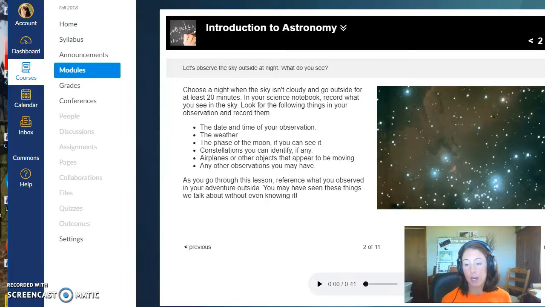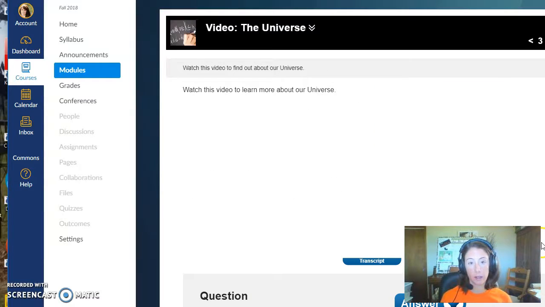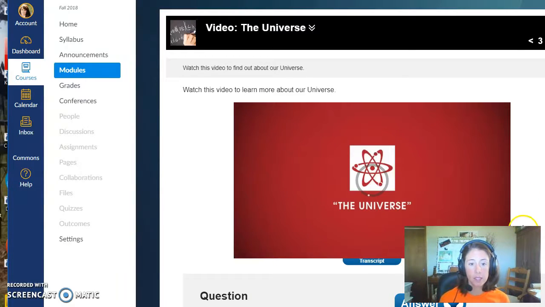Note if the weather is rainy, stormy, or cloudy. Note the phase of the moon, if you can see the moon. Note any constellations you can identify, such as the Big Dipper, Small Dipper, Orion's Belt. If you see any airplanes, or maybe some satellites, anything of that nature, in terms of observing what's going on. So just do that for tonight.